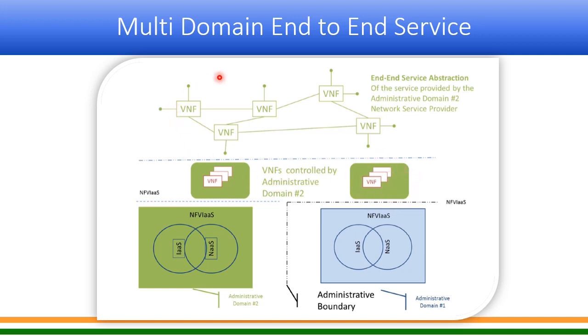But if you look at the end-to-end service abstraction in totality, it is of domain 2, right? So although the virtualized infrastructure it has taken from domain 1, the end-to-end service belongs to domain 2. So this kind of environment is also allowed as part of the specification.